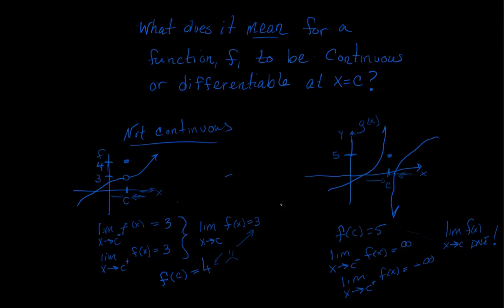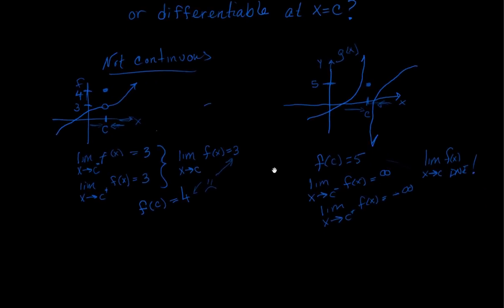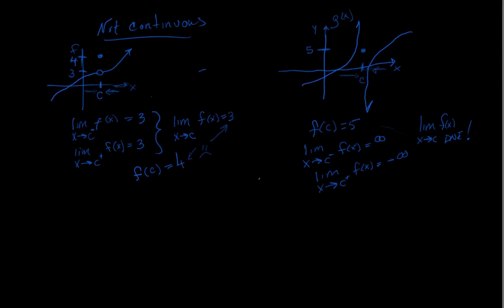Great. So that probably prepares us to show what it would look like if a function was continuous at a value of x equals c. Well, we don't want any of this to happen. Right here is x equals c again. Here are some y values.